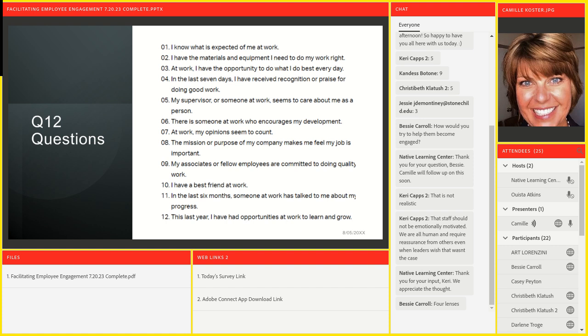So in thinking of that, here are 12 questions that will drive engagement. Number 1, asking employees, do they know what's expected of them? Are there any parts of their job that they're questioning, that are ambiguous, that they really don't know what they're supposed to be doing? Number 2, do they have the materials and equipment that they need?